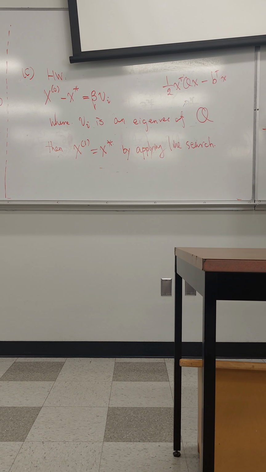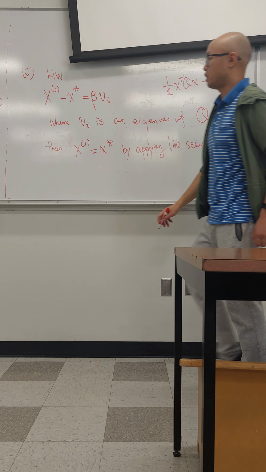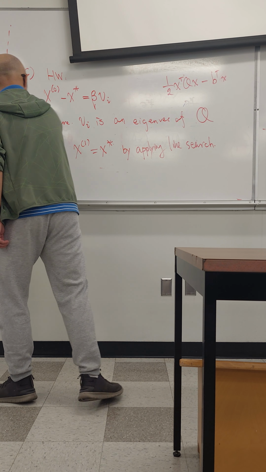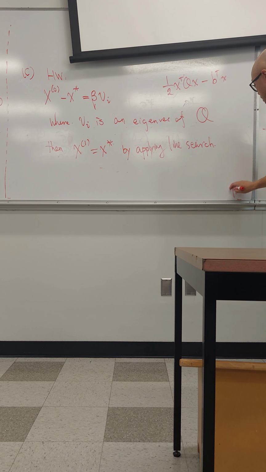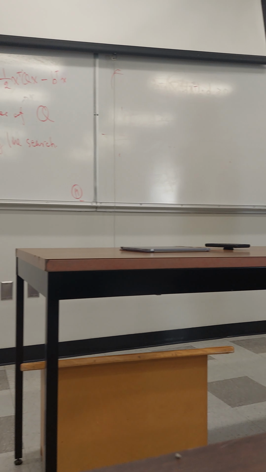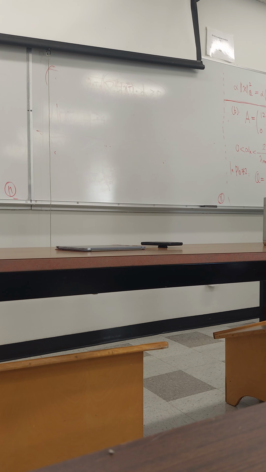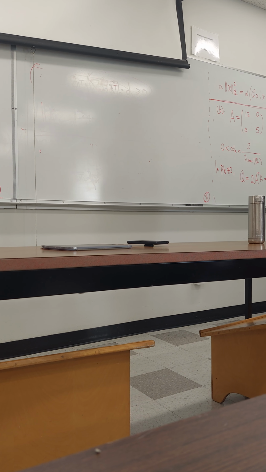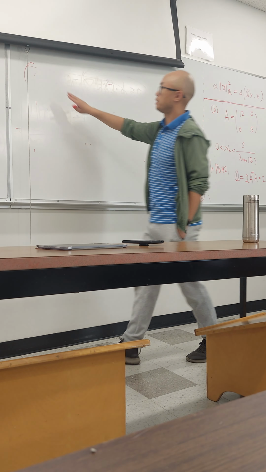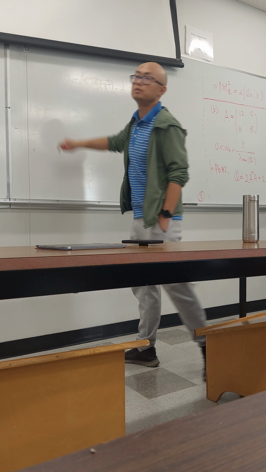So we search on this line. In the exam we can either quote this, or we just plug in the steepest descent formula, where we solve a minimization problem by line search. For example, if we apply line search, let's see what happens.